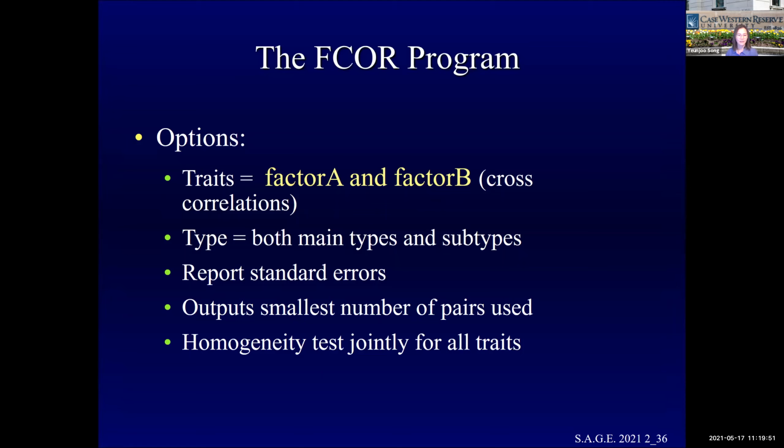And we are going to choose to run the homogeneity test jointly for all traits. This is the test of the hypothesis that all subtypes within a main type have the same correlations. You can find more detailed information about this test in the manual, page 140.